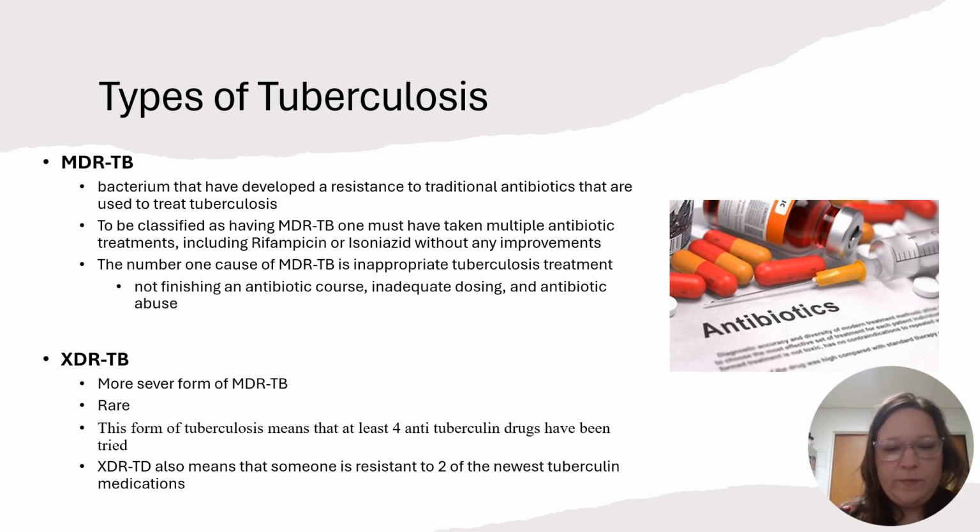This form of tuberculosis means that you've tried at least 4 anti-tuberculin drugs with no success. And XDR-TB also means that someone is resistant to 2 of the newest tuberculin medications. So you are resistant to 2 of the newest ones, and you've tried at least 4. So that's 6 different medications. So that would be extensively drug-resistant tuberculosis.